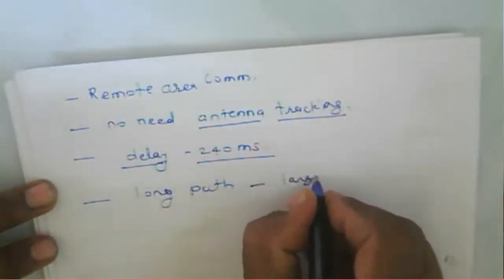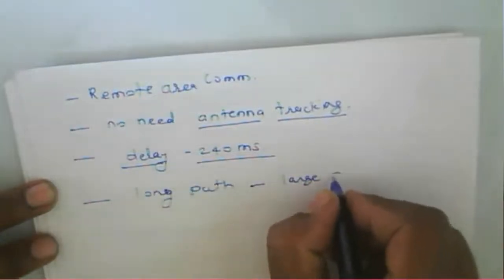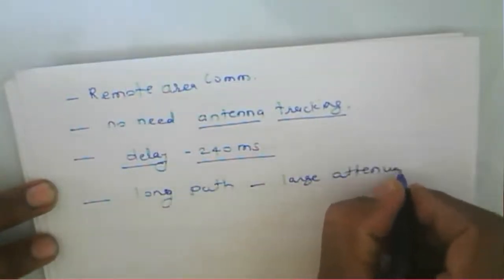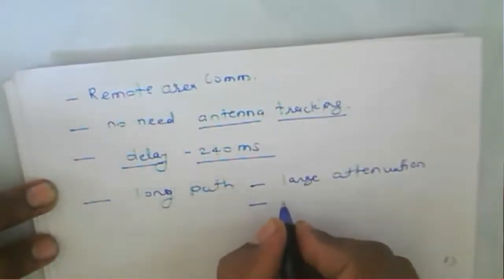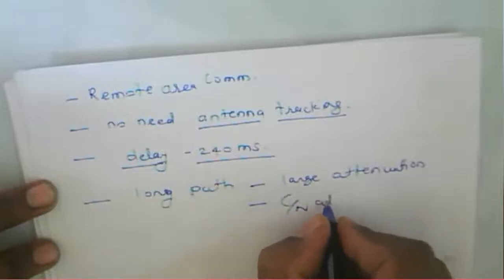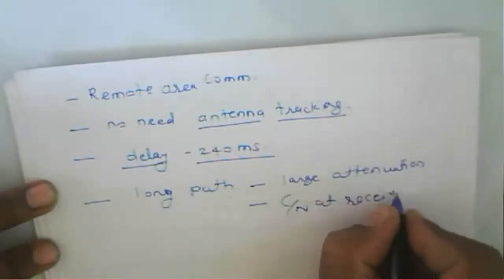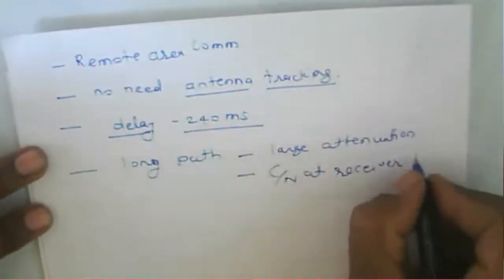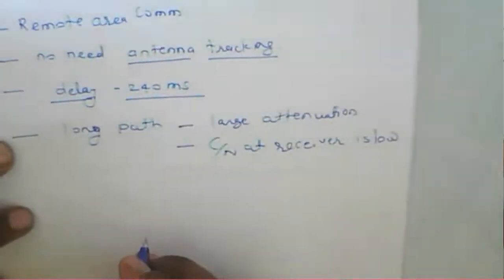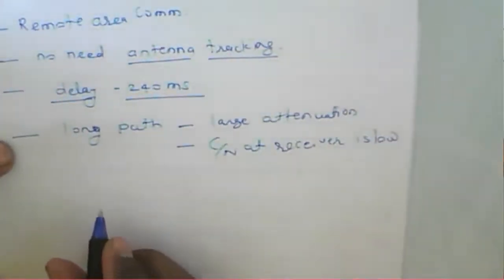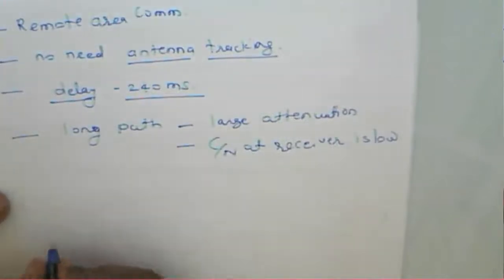Because of that long path, there is large attenuation, and the carrier to noise ratio at the receiver is low.